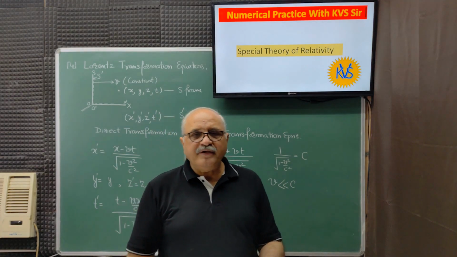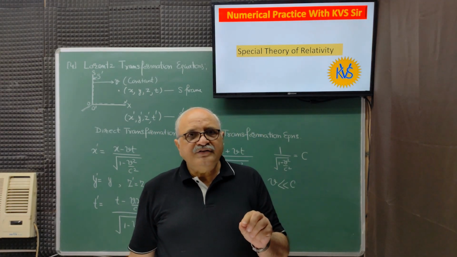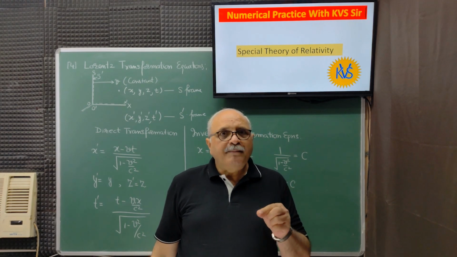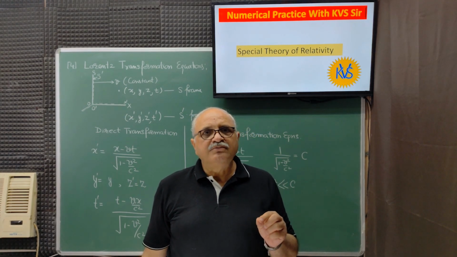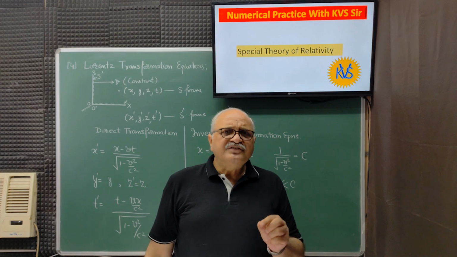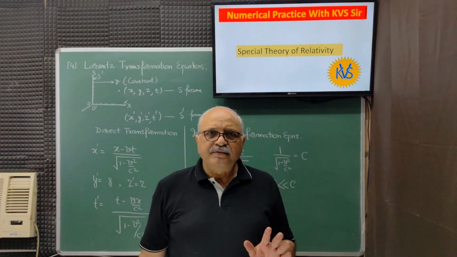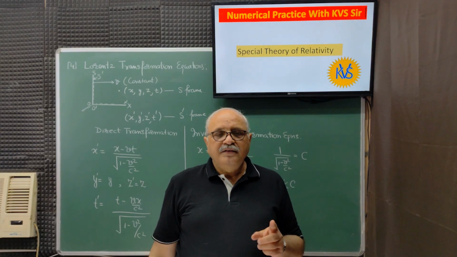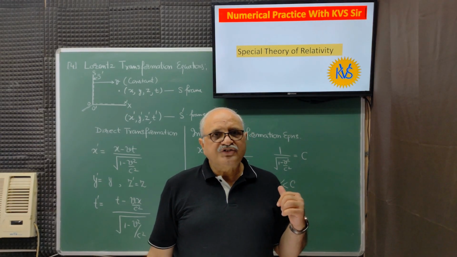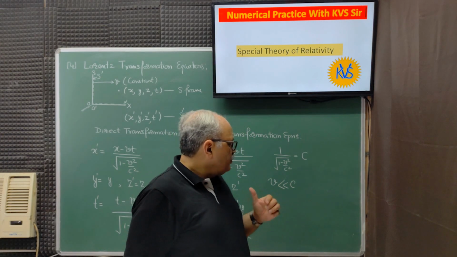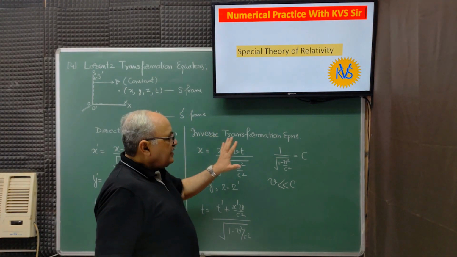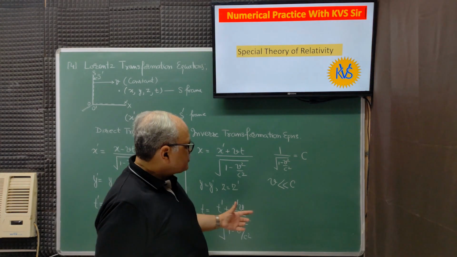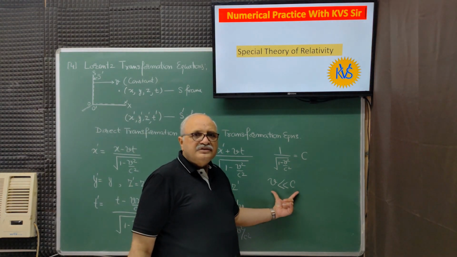So please keep in mind that Galilean transformation equations are not wrong, but can only be applied when the velocity of the moving frame is very small as compared to the velocity of light. But if the velocity becomes comparable, then you have to use the Lorentz transformation equation. So you can say Galilean transformation equations can be obtained from the Lorentz transformation equation under this situation.